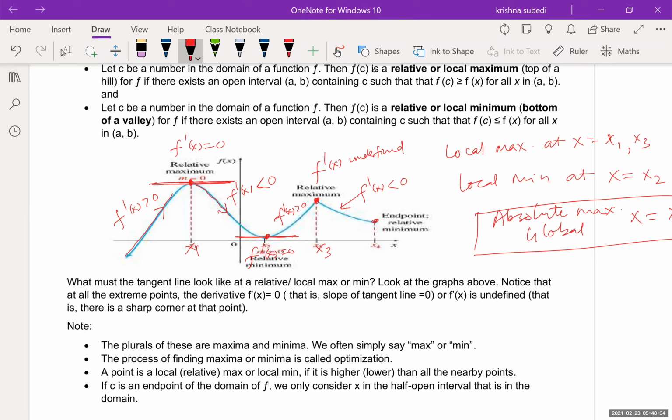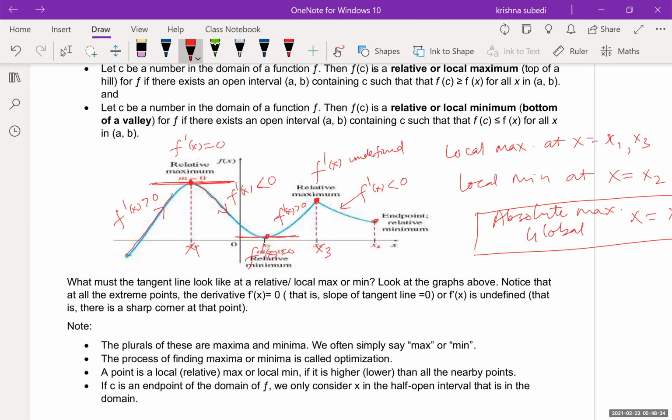Now, if the graph is given, then you can tell whether it's a minimum or maximum just by looking at the graph, right? Not a big deal. But life is not always that easy. Sometimes instead of a graph, they give us a function. How do we do that? Well, one method is to draw the graph. Drawing a graph for an easy function is not that hard.